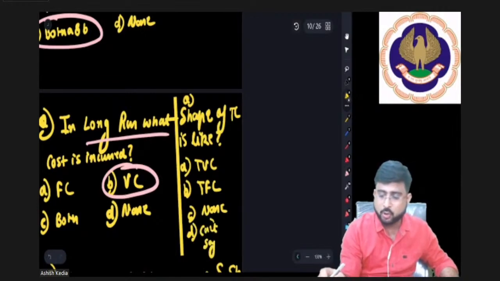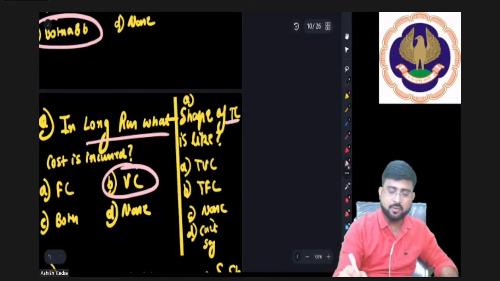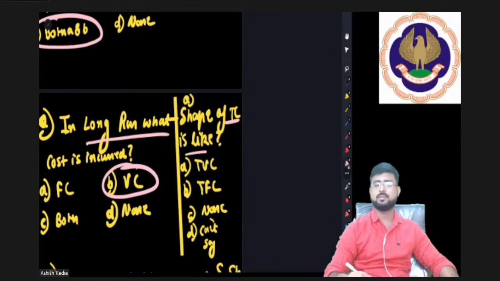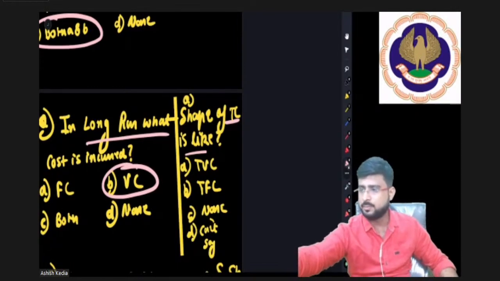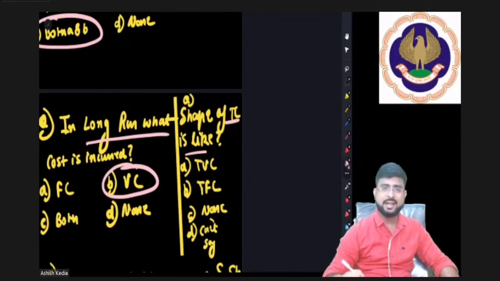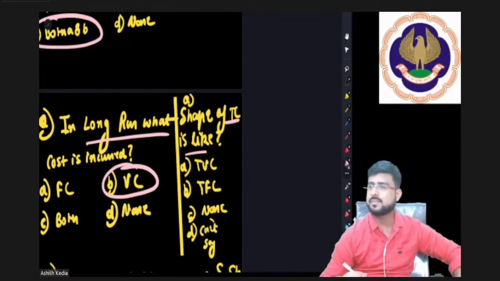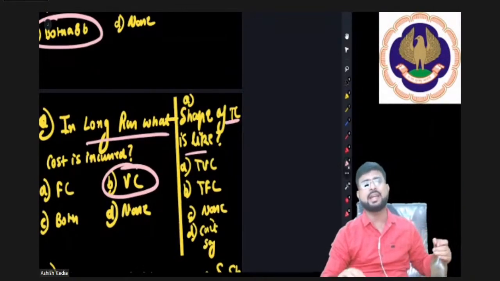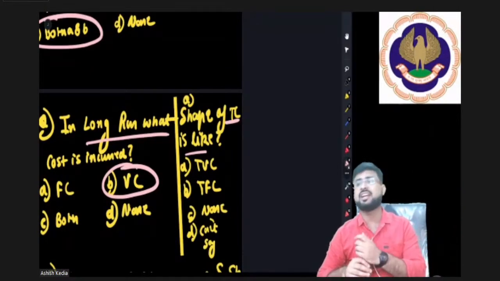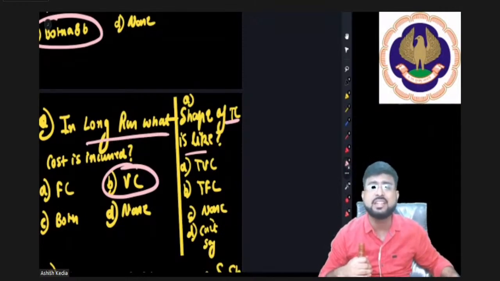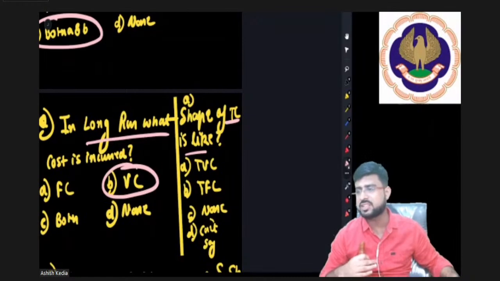Shape of TC is like what? Come on, everybody. Correct. You all are absolutely correct. The shape of TC is like TVC. Everybody write it down in the chat. Shape of TC is like TVC. Come on, everybody in the chat. Fatafat.